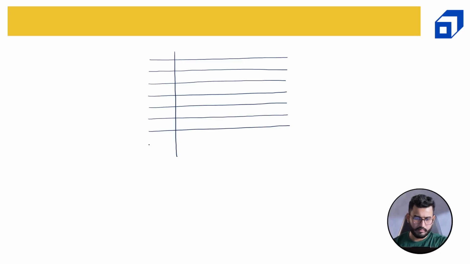So here we have the student ID, which runs from 1 to, let's say, 10. Then these are the marks. I will write XM, which means marks of students.